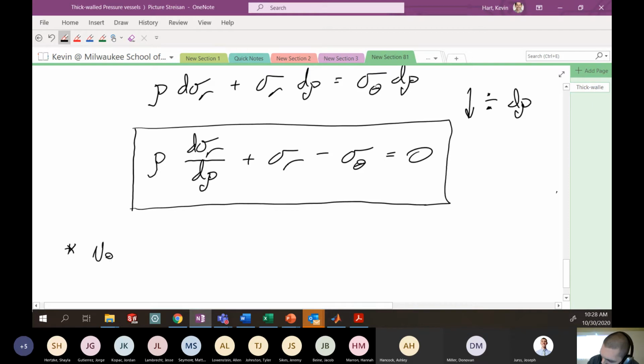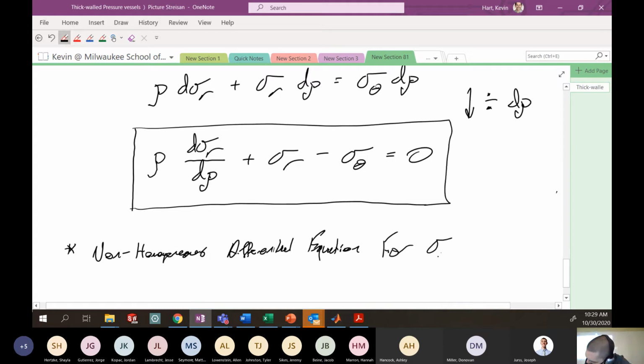This is a non-homogeneous differential equation for sigma r as a function of rho.